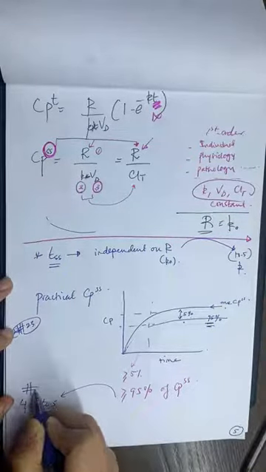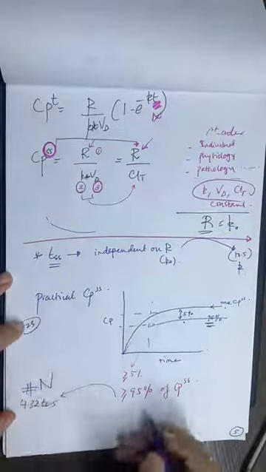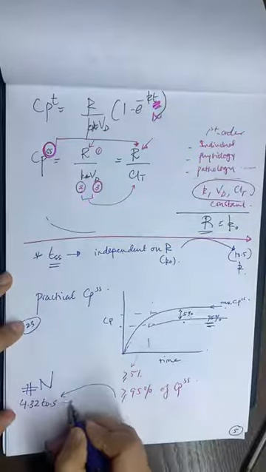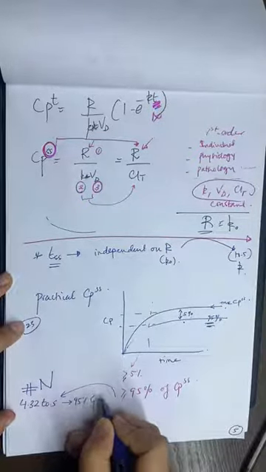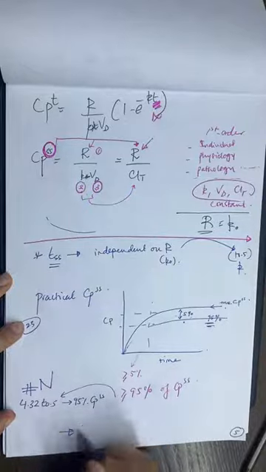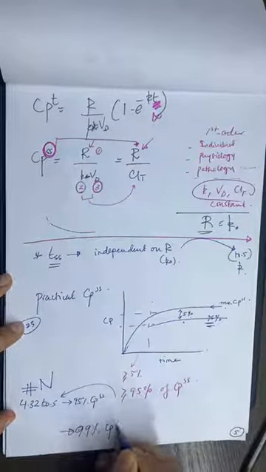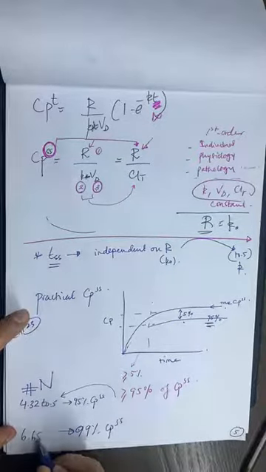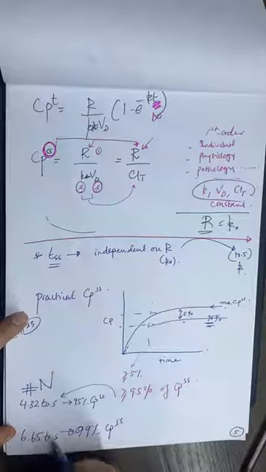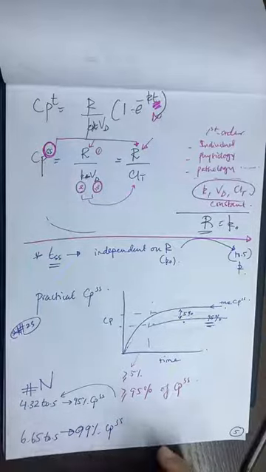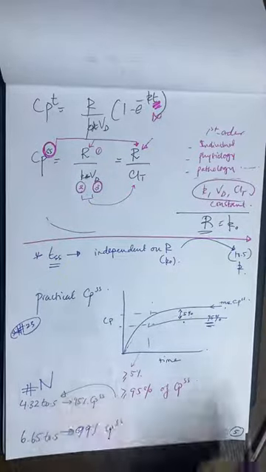This is the number of half-lives, or N. And this is for 95% of the steady state concentration, or more than that, such as 99% of the steady state concentration, and this happens at 6.65 half-lives. And those numbers you need to memorize because they are important.